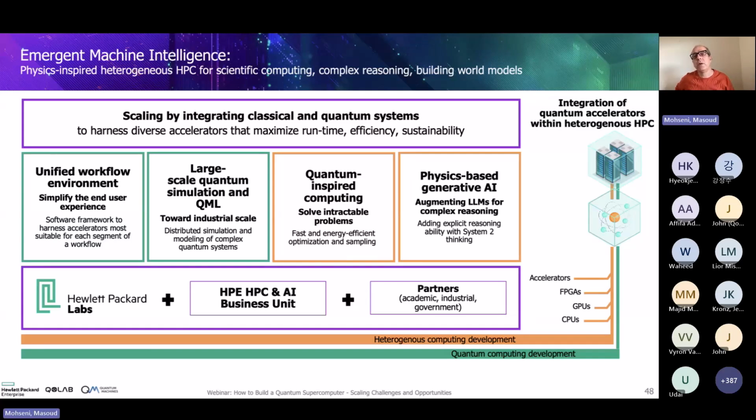We also have a significant effort on quantum-inspired computing for optimization and sampling, in particular applying those techniques to augment large language models for complex reasoning. We're adding energy-based models or explicit System 2 thinking. This is a large collaboration within HPE and with our partners that John mentioned earlier, in particular Quantum Machines, Colab, 1QBit, Synopsys, Applied Materials, and NVIDIA.